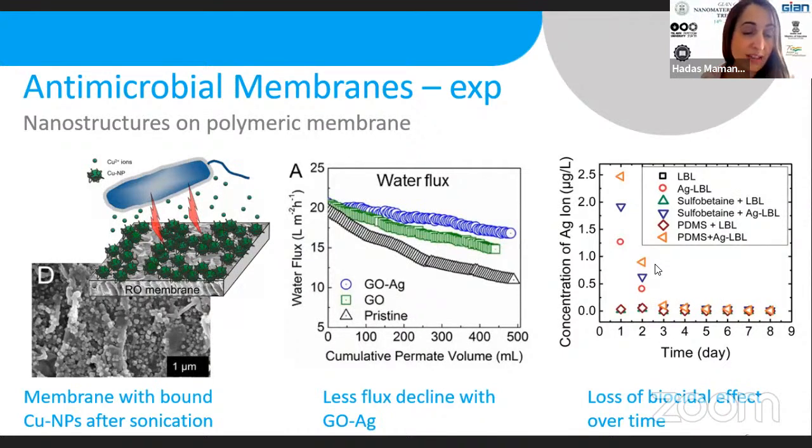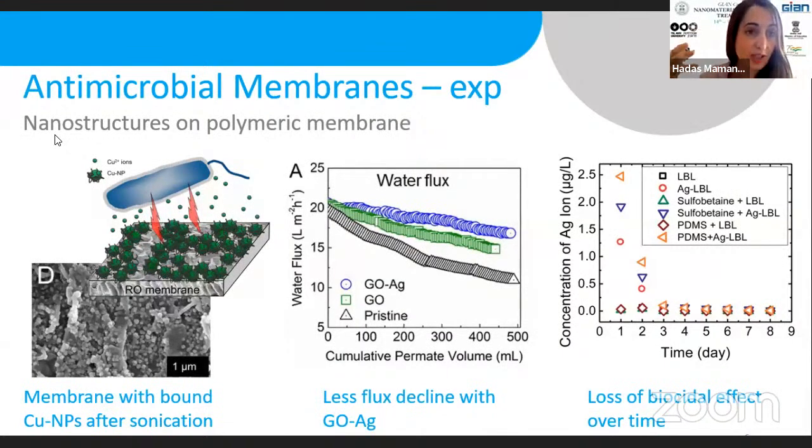So one of the disadvantages of these types of membranes is that the biocide loses its effectivity over time. We also discussed that before, that we need to really test operational features over a long period of time, to really understand how the membranes operate.